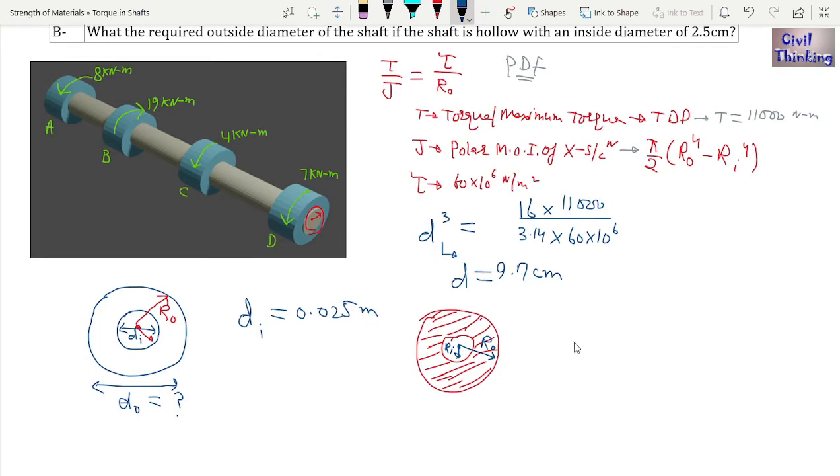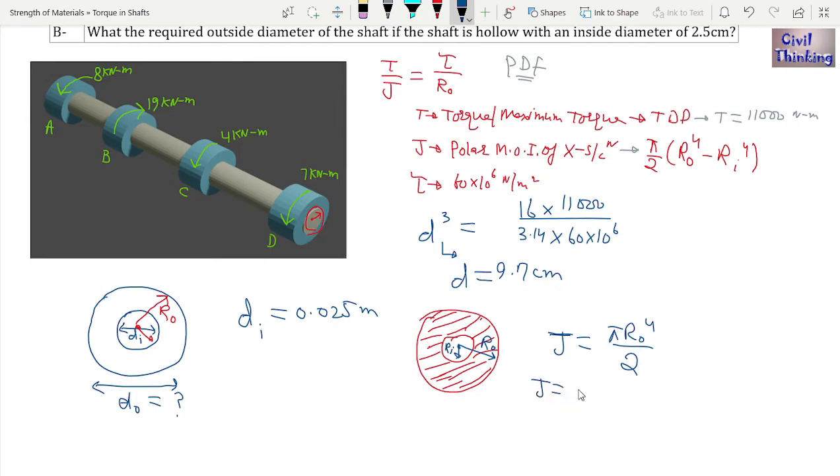Now the moment of inertia of this outside circle, what is it? Pi r naught 4 divided by 2, right? As we found before, the polar moment of inertia of the outside is pi r naught 4 divided by 2. Now what is the moment of inertia of the inside circle?